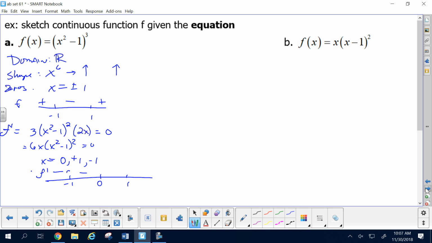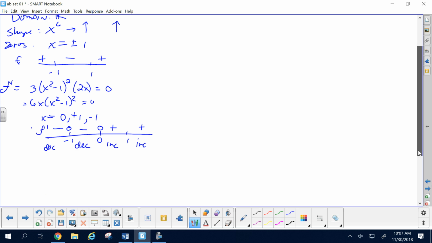So it went negative, flat, negative. At 0, it went flat. At 1/2, positive, and after 1, positive. So I know F is going to go decreasing, flat, decreasing, increasing, flat, increasing. Okay? Good stuff. Finally, let's go to the second derivative.